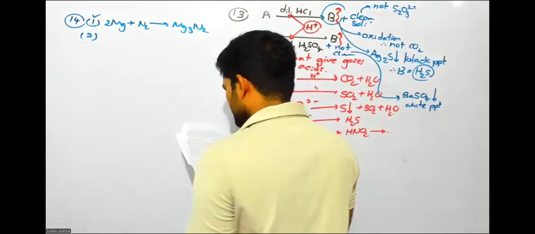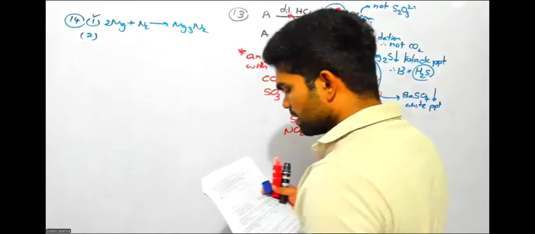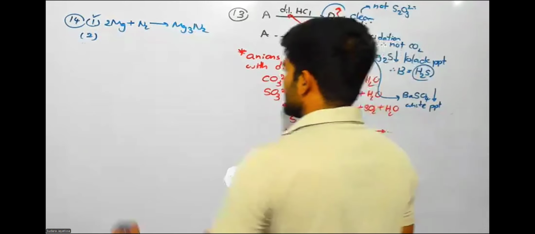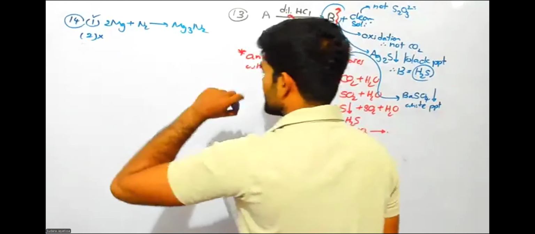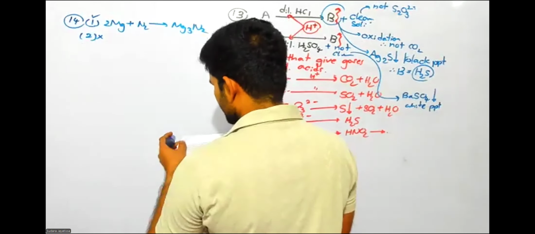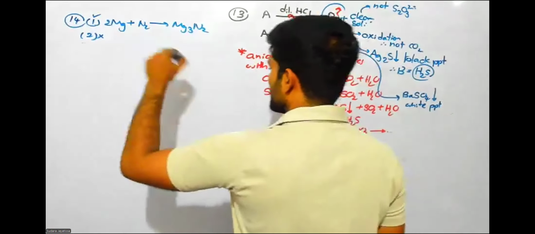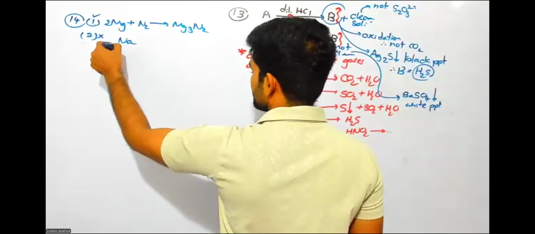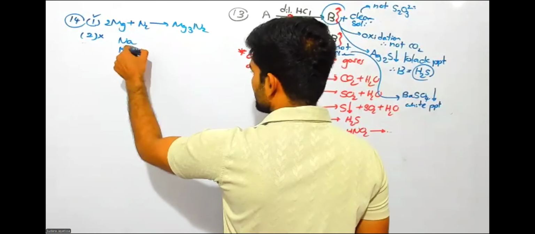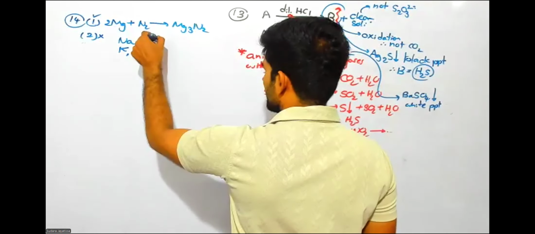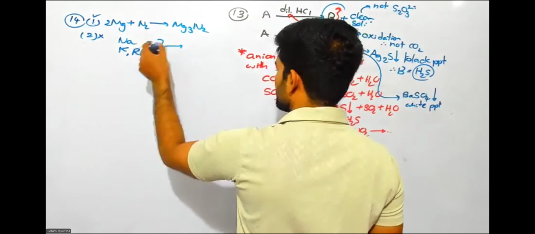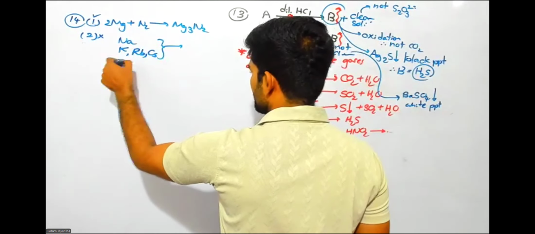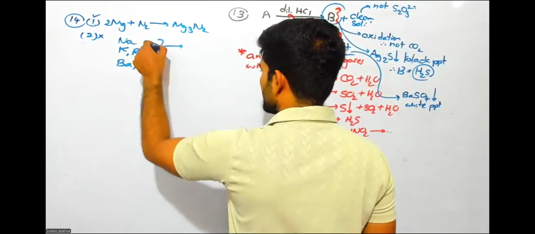Second statement: except lithium and beryllium, all other s block elements react with excess O2 to form their peroxides. That's wrong. Except lithium, all group 1 metals form peroxide: sodium, potassium, rubidium, cesium. And from group 2, it is strontium and barium.